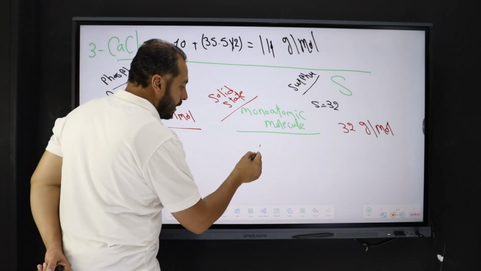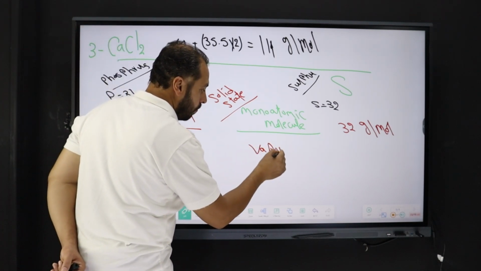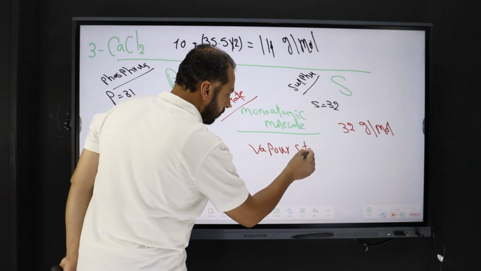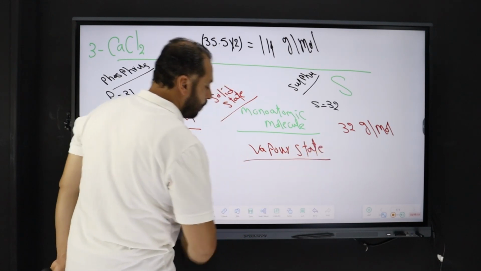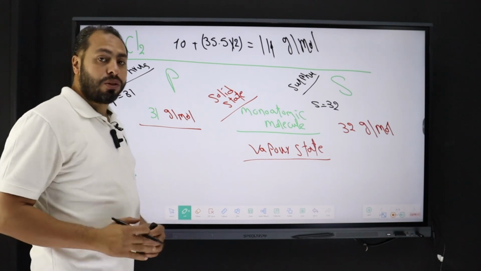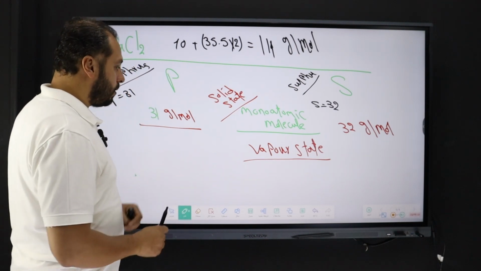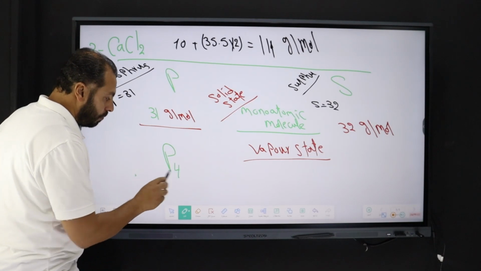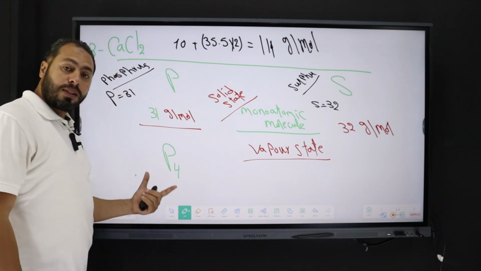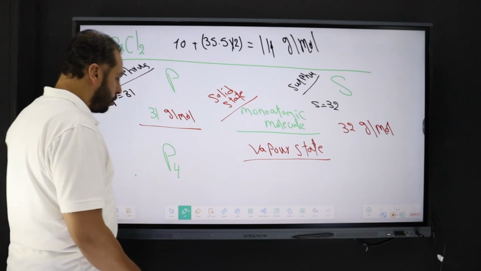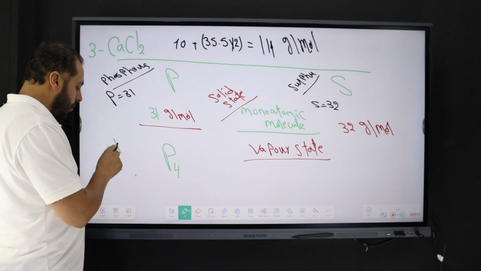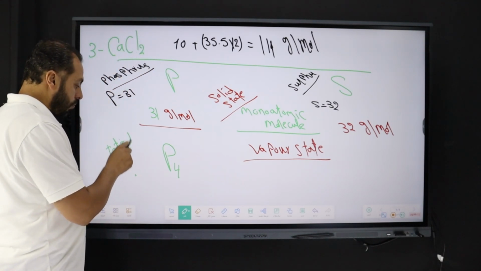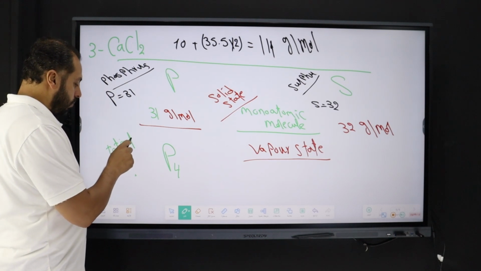But in vapor state, we have a change here. In vapor state, phosphorus will be in this form, P4. Each molecule consists of 4 atoms, so we call it a tetraatomic molecule.